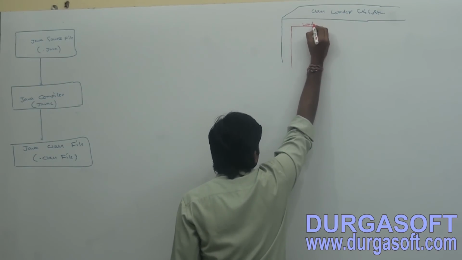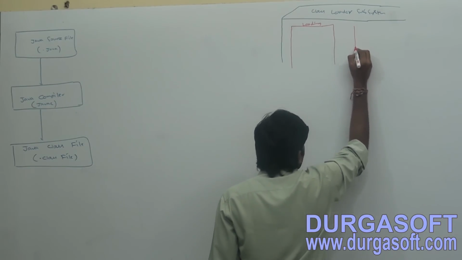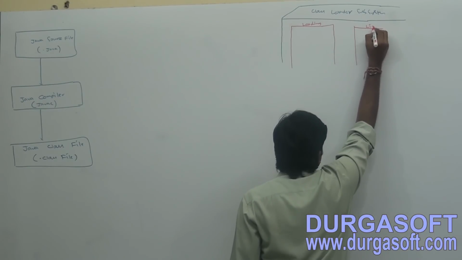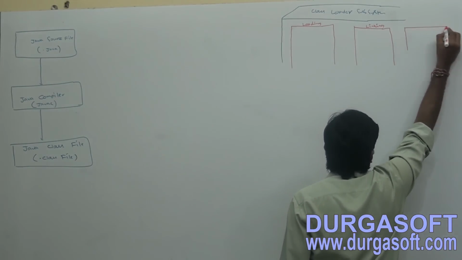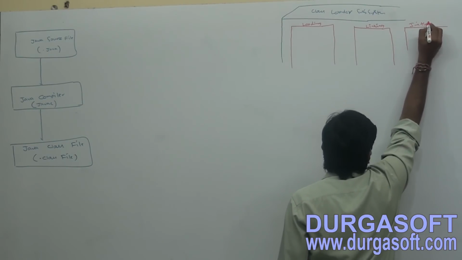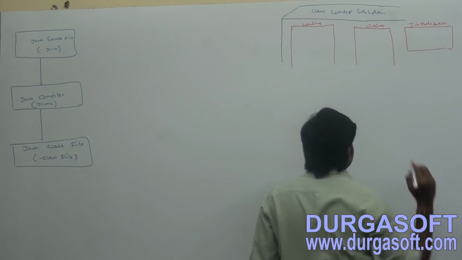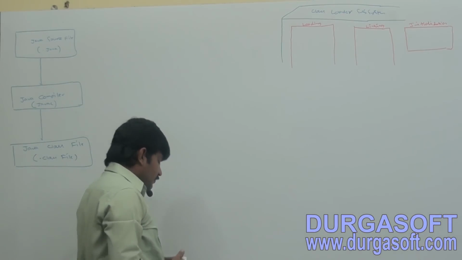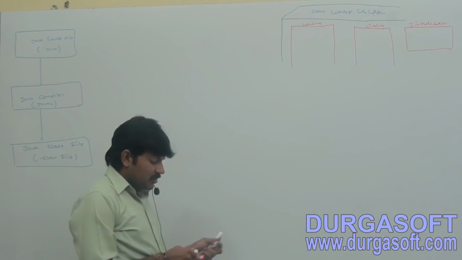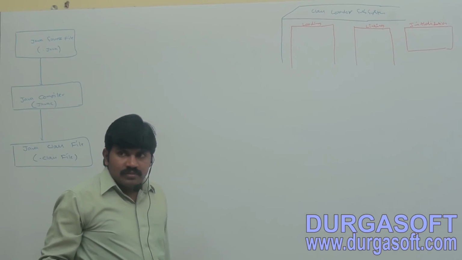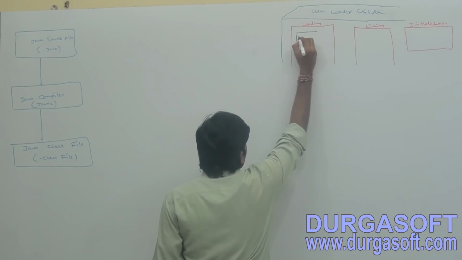First part is loading, and what is the next one? Linking. Third part is initialization. Total three parts are there. Even in the loading, I hope you are aware, there are multiple parts: bootstrap class loader, extension class loader, application class loader. What is the first one?